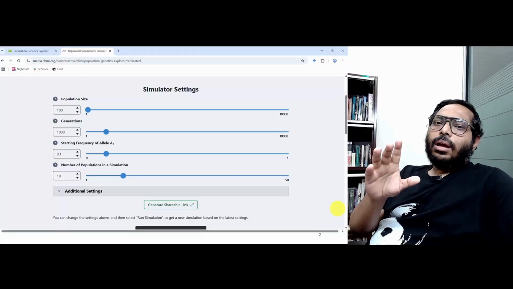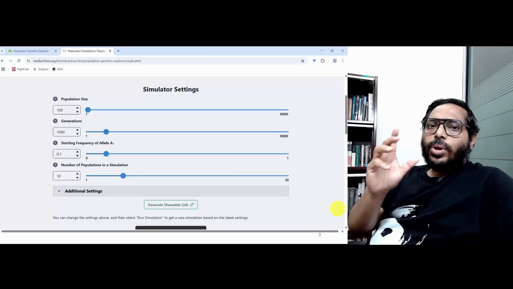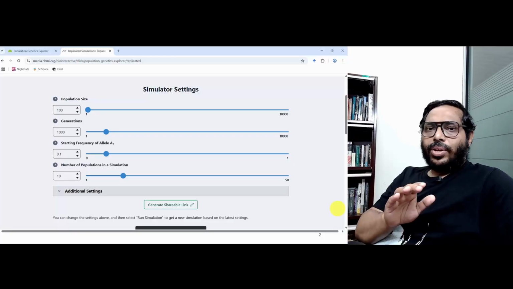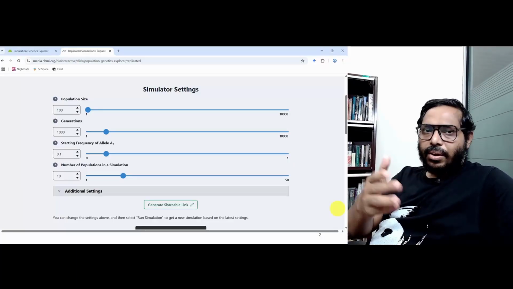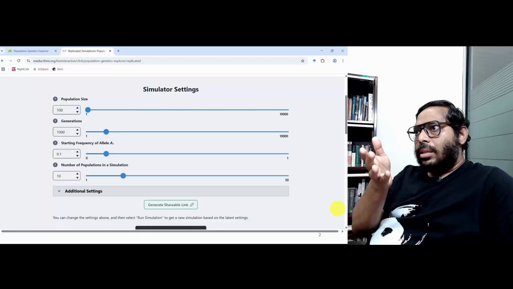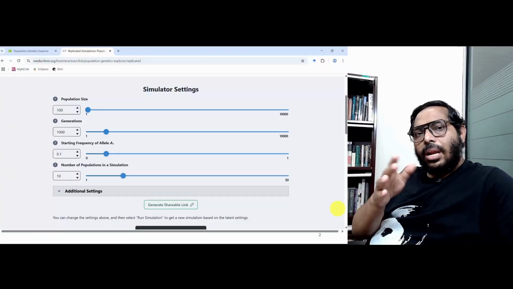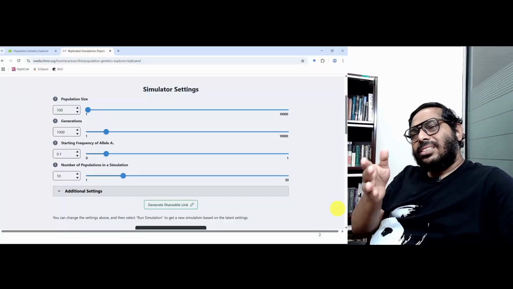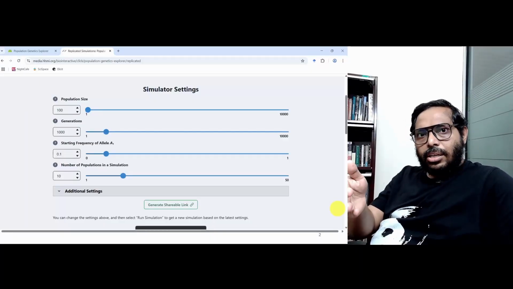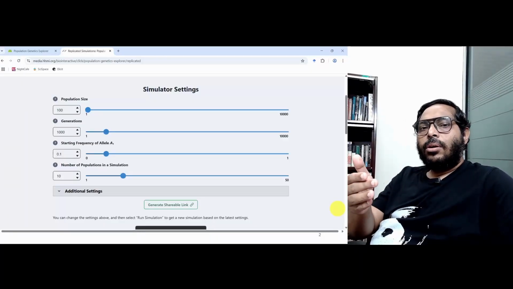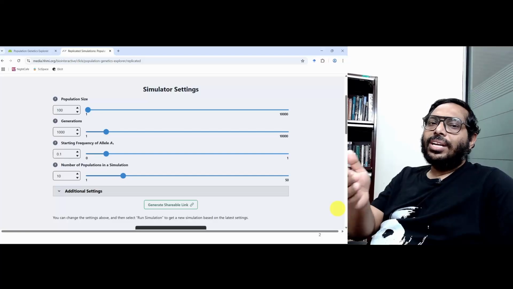However, if the two alleles are starting with equal frequencies, then the chances of their getting fixed are roughly similar. In other words, the chance of an allele getting fixed in the population is roughly related to the starting frequency of that allele in the population.